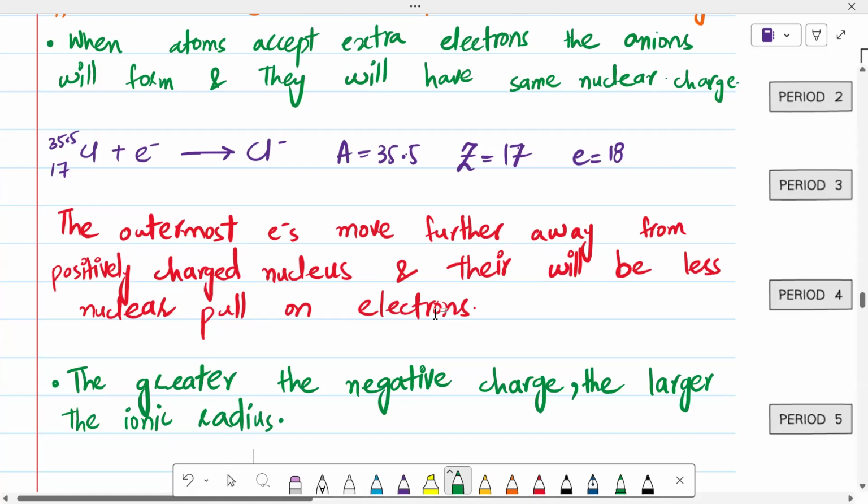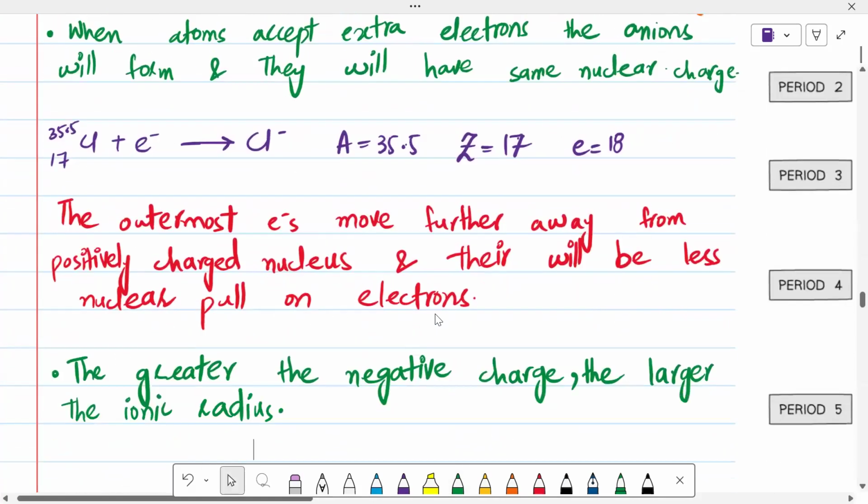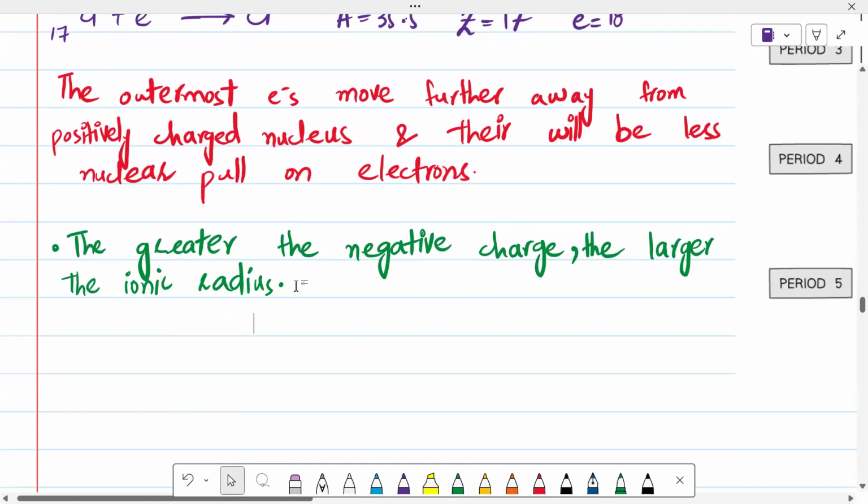Clear? Are you clear with this? The more the charge, the more will be the radius.